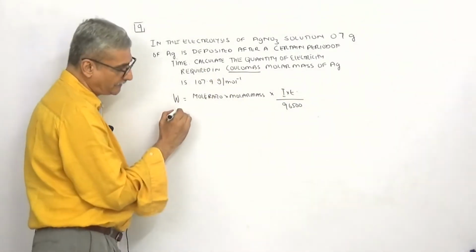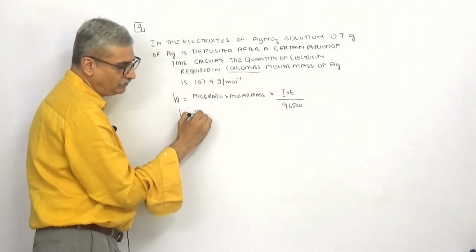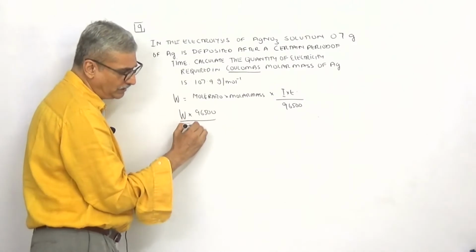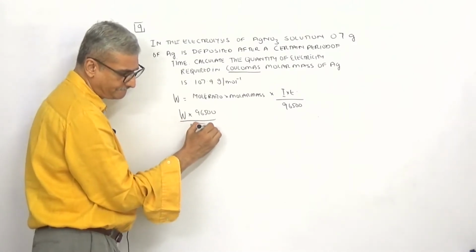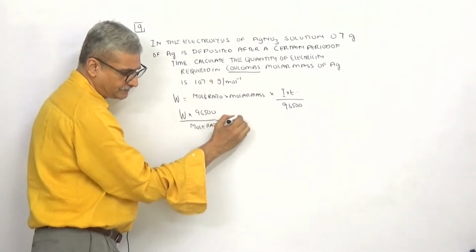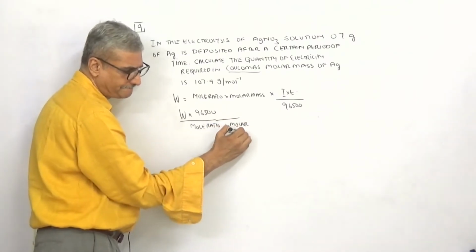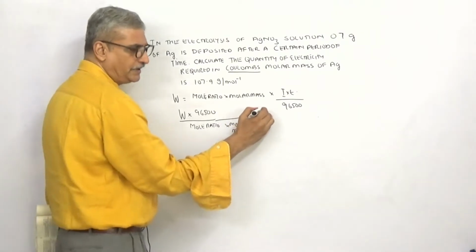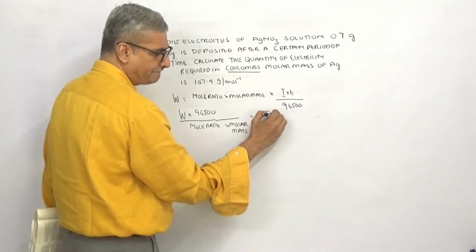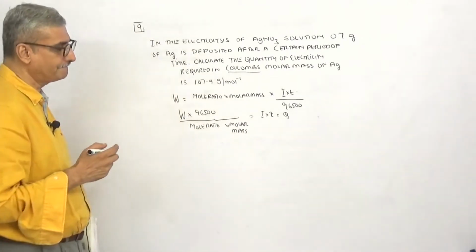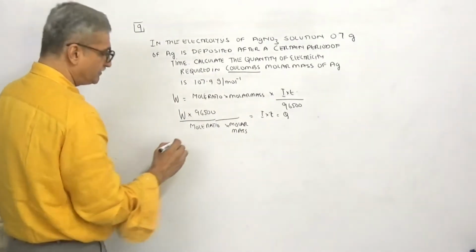So W into 96,500 upon mole ratio into molar mass is I into T, that is generally Q. Generally we write it as Q. This is clear.